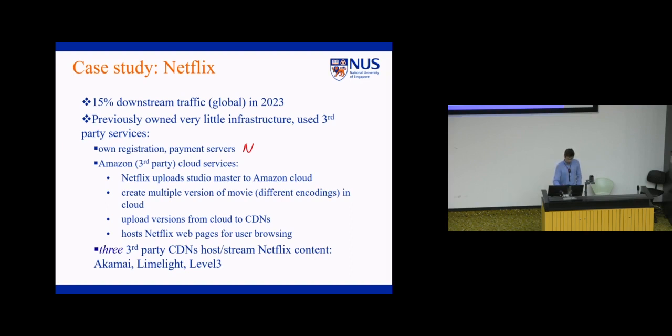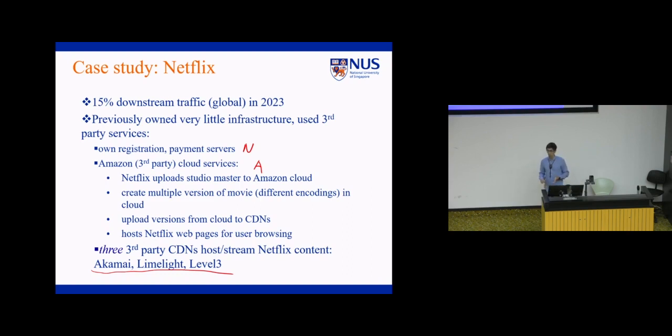And it uses Amazon services for uploading the video to the Studio Master, and then Amazon Studio Master converts that video into multiple formats, maybe high resolution, medium resolution, and low resolution, and then stores each of these copies on other third-party CDNs. For that, Netflix uses Akamai, Limelight, and Level 3's CDN servers.